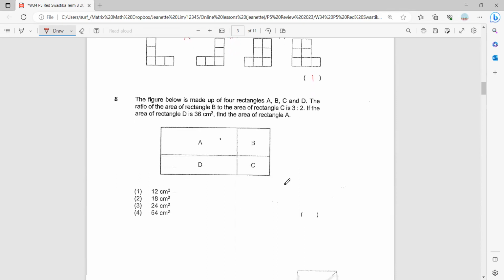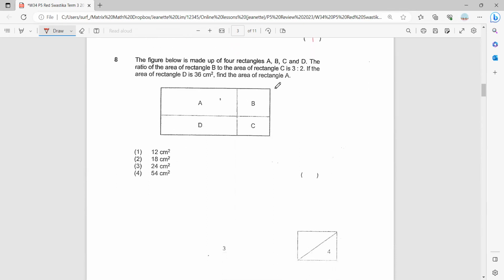Okay, next. 8. Figure below is made up of 4 rectangles, A, B, C, and D. Ratio of B to C is 3 to 2. If the area of rectangle D is 36, find A. Okay, so if B to C is 3 to 2, right? Then A to D would actually be the same.